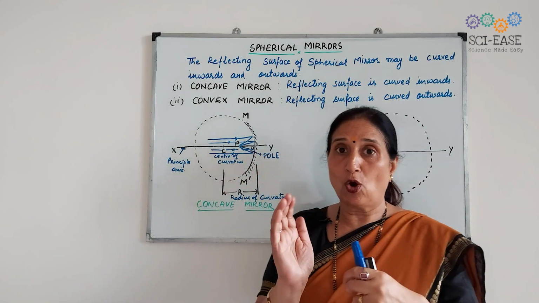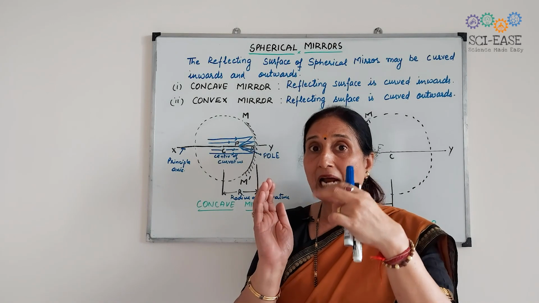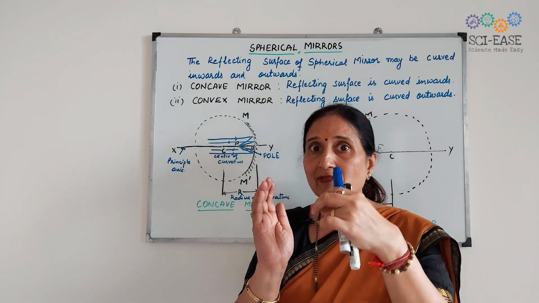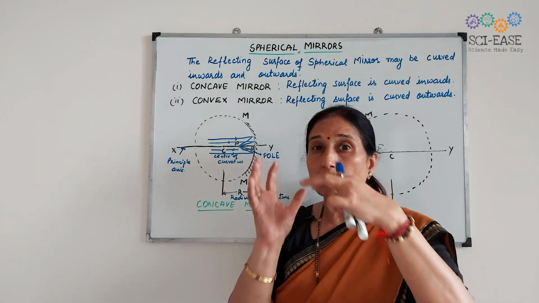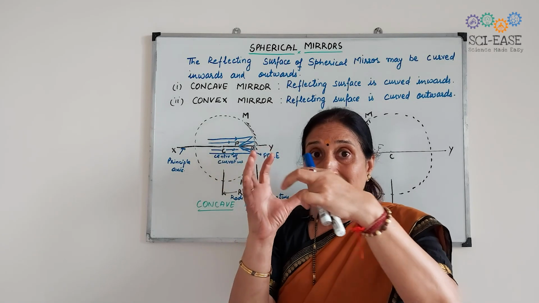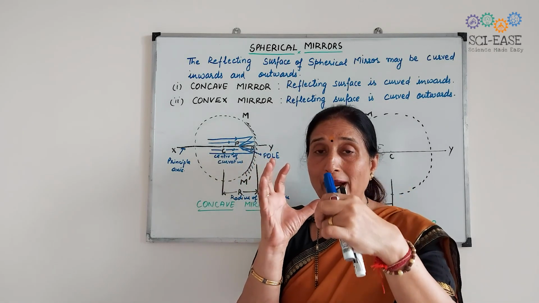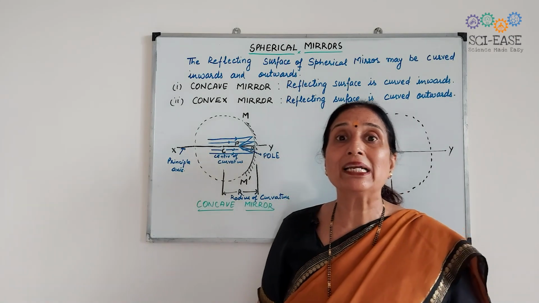Now what will you observe? Smoke will start coming from that paper, because the heat of the sun is converging at one point. And after some time, you will observe that the paper will catch fire.